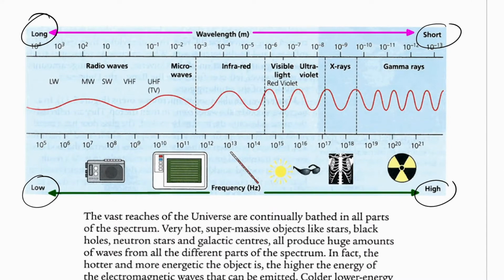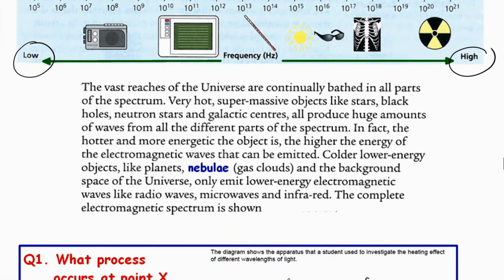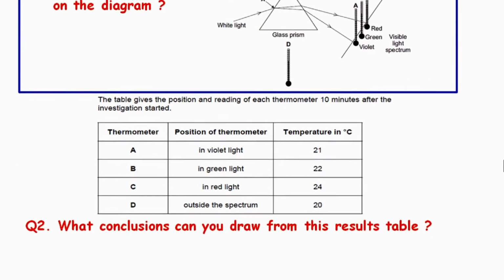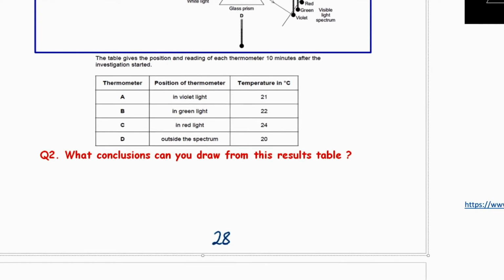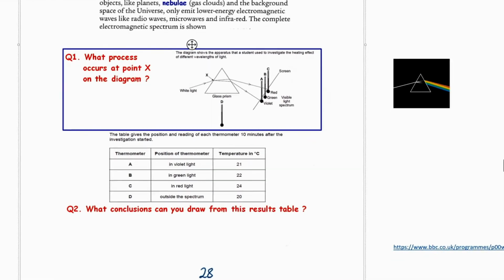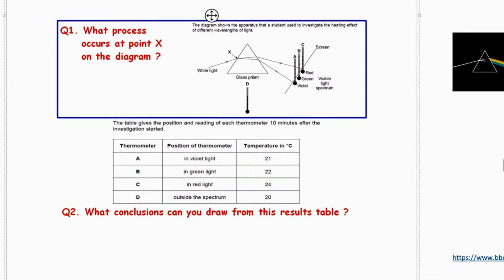And underneath, some more information that I'd like you to read through. And when you've read through, answer question 1 and question 2, please. So pause the video. When you've answered question 1 and question 2, press play again.